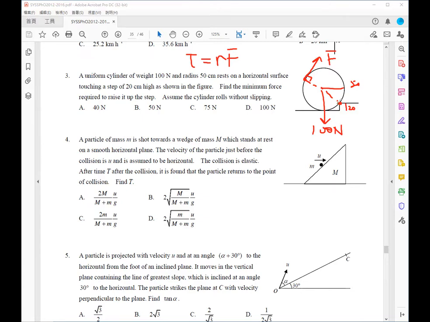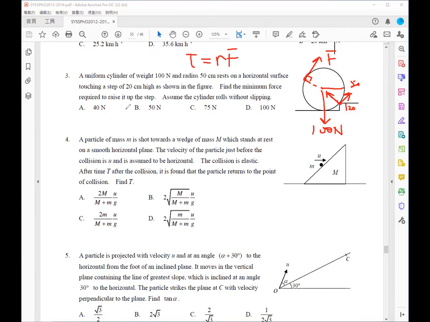But there is also a normal reaction and a friction at this point. But if you take the moment at this point, you don't need to consider the moment of these two forces, because these two forces pass through this point.